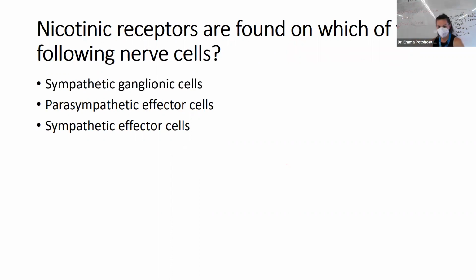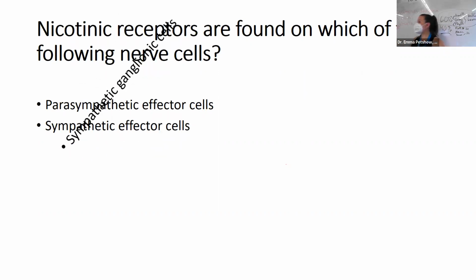All right, nicotinic receptors are found on which of the following nerve cells? Sympathetic ganglionic cells, parasympathetic effector cells, or sympathetic effector cells? Is it going to be sympathetic or parasympathetic? And is it going to be ganglionic or effector cells? Yes, absolutely. It's sympathetic ganglionic cells.